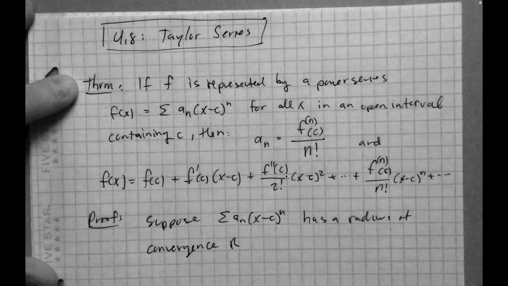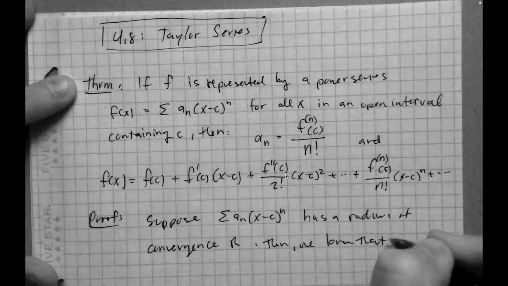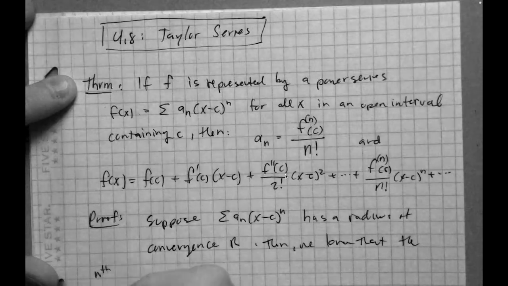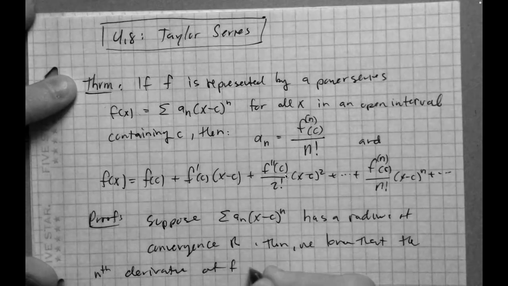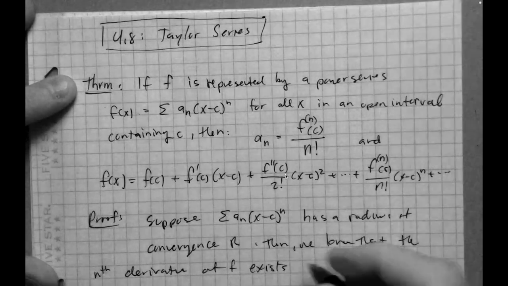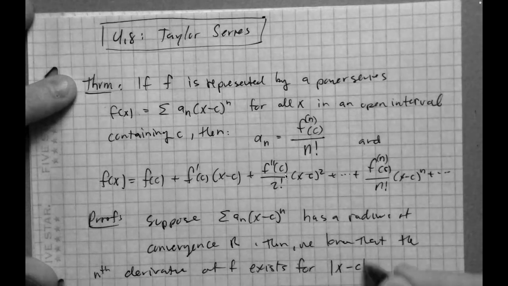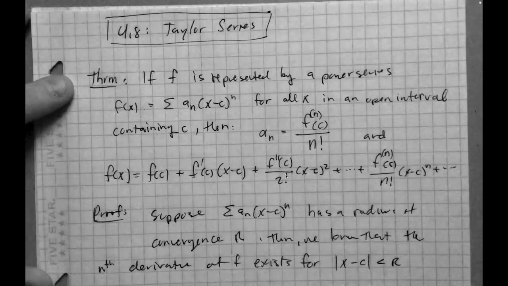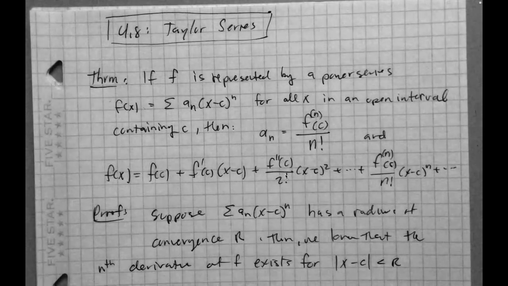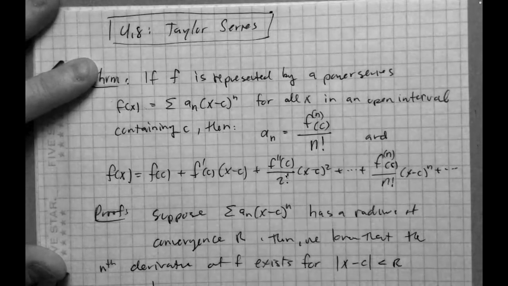Then we know that the nth derivative of f exists for all x inside of the interval defined by c minus r, c plus r. Another way to write that would be all x such that the absolute value of x minus c is less than r. And we can differentiate such a series.